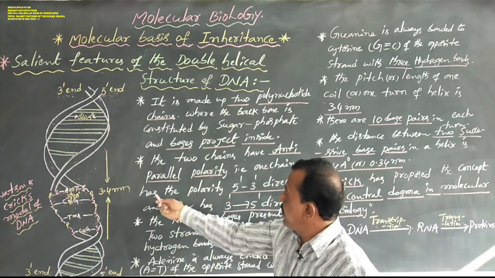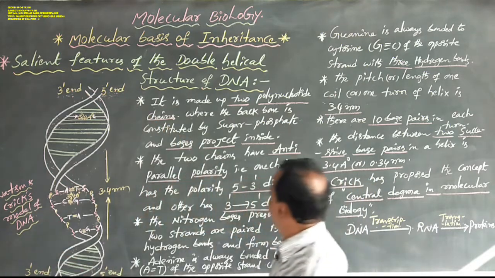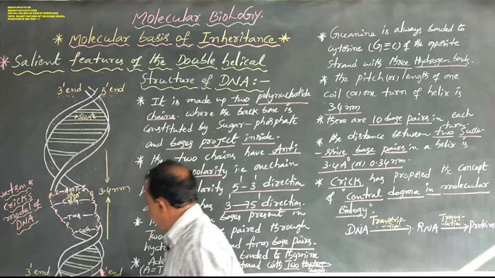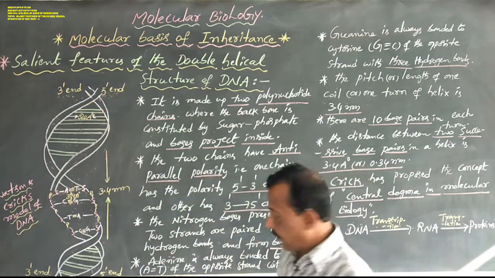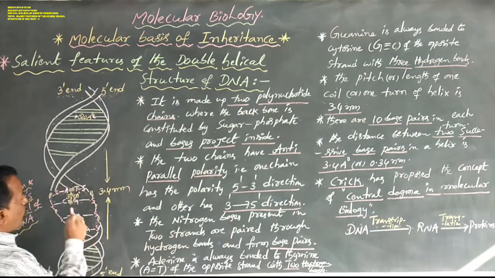That is, one chain has the polarity 5' to 3' direction and the other chain has the polarity 3' to 5' direction. The two polynucleotide chains have anti-parallel polarity. Okay, now next coming to the nitrogen bases present in the two strands.